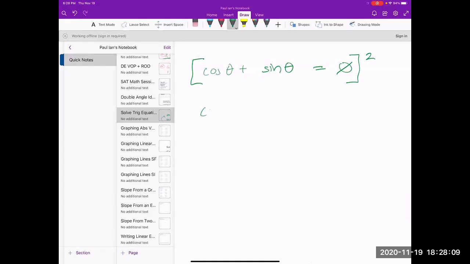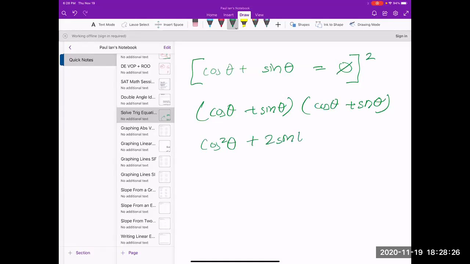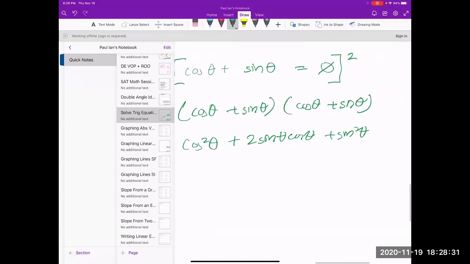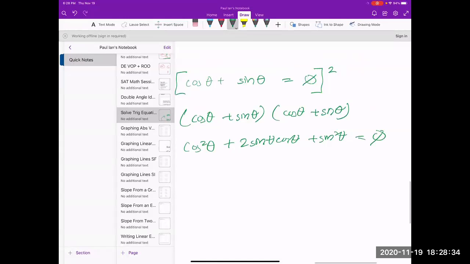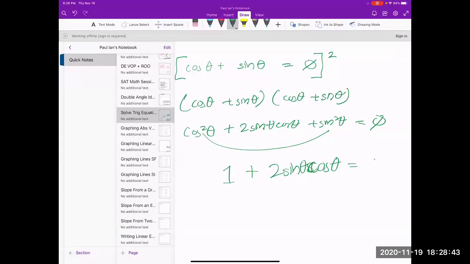When you do the polynomial here, cosine theta plus sine theta, cosine squared theta, plus 2 sine theta cosine theta plus sine squared theta equals 0. These two become 1. And this is very similar to the one that you did, right? But then it's not square root of 2, whatever.